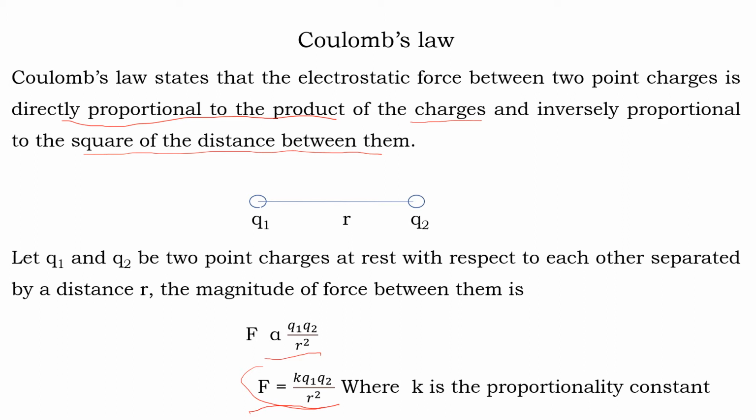Here the force acts along the line joining the two charges. If Q1 and Q2 are like charges, the force between them is repulsive, and if they are unlike charges, then the force will be attractive.